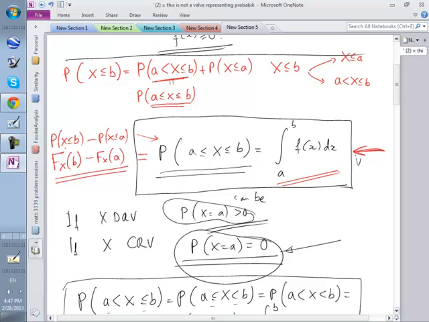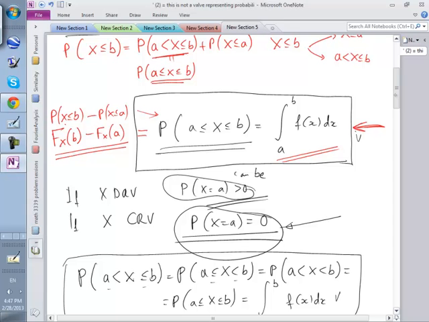So what does the fundamental theorem of calculus say? It says that if you differentiate the distribution function, because of this equality, you will find the density function.